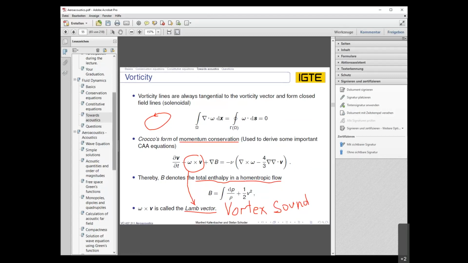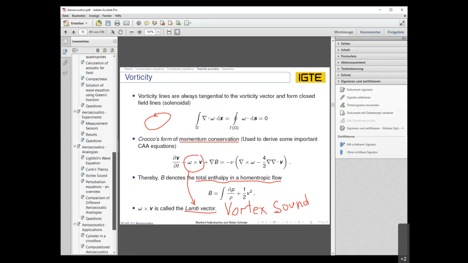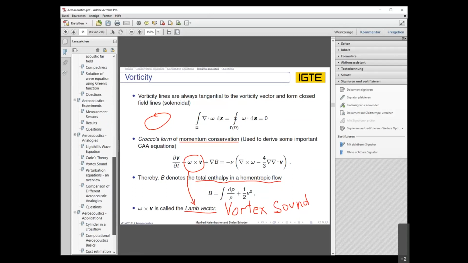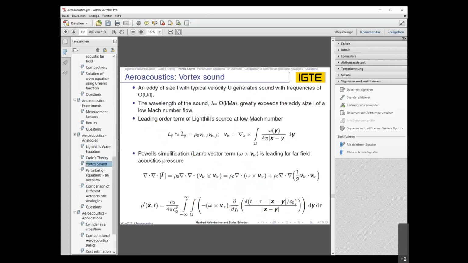So probably then we have to jump to the wave equation. Vortex sound: here we find the lambda vector, and the sound source is the divergence of the lambda vector.